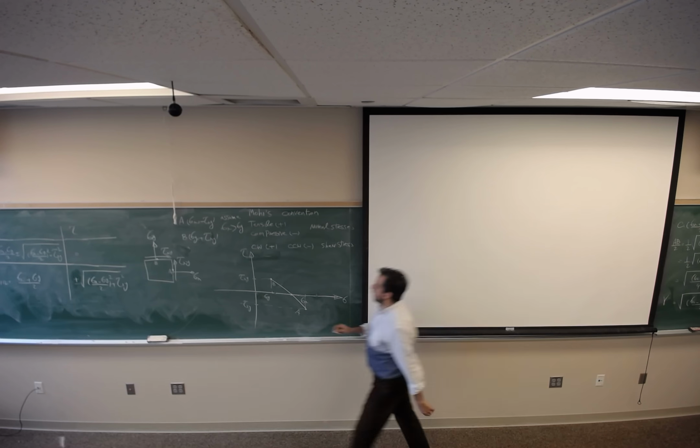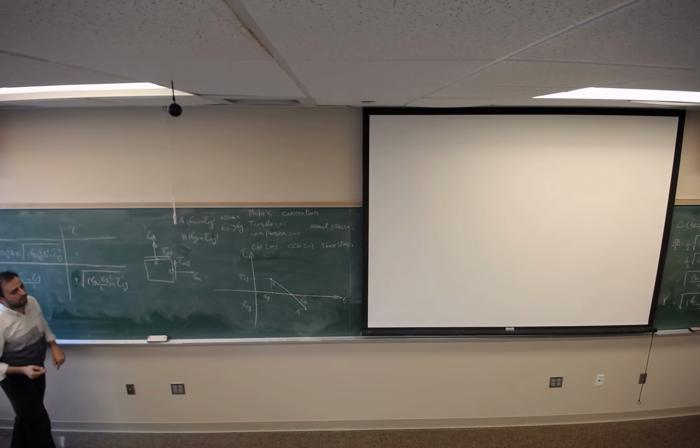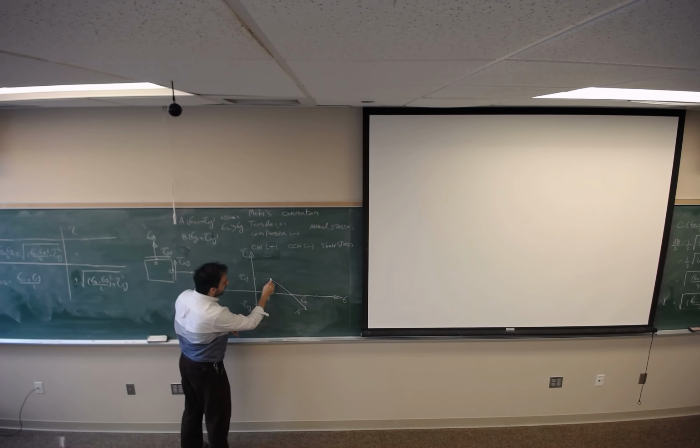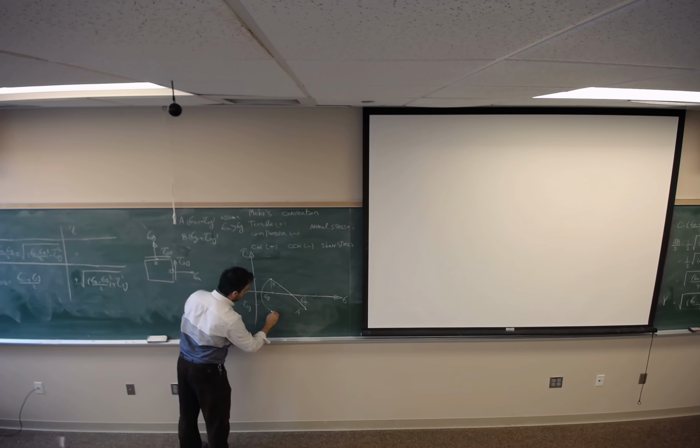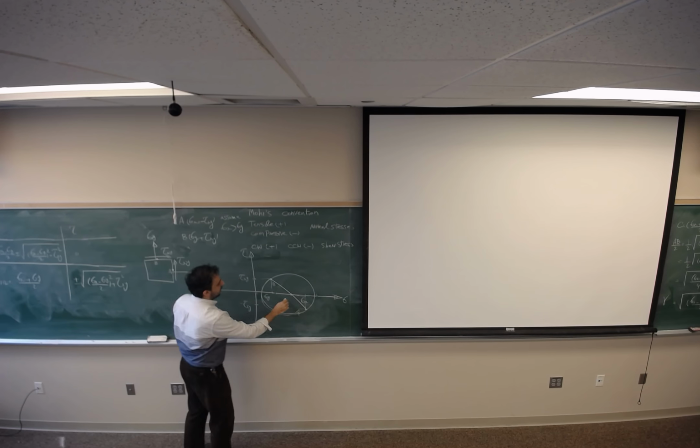I label this as the radius of a circle. So I'm going to draw a circle with this center and this radius.